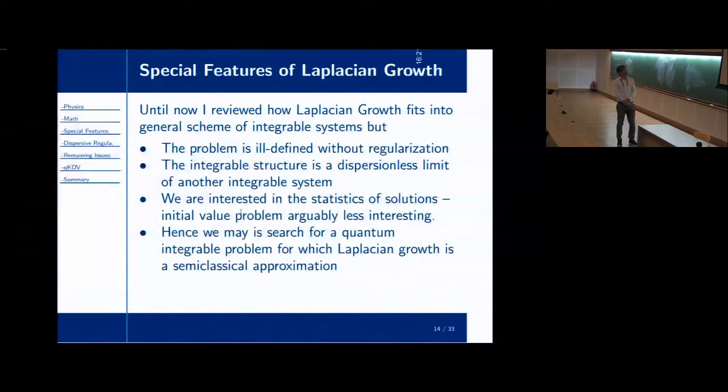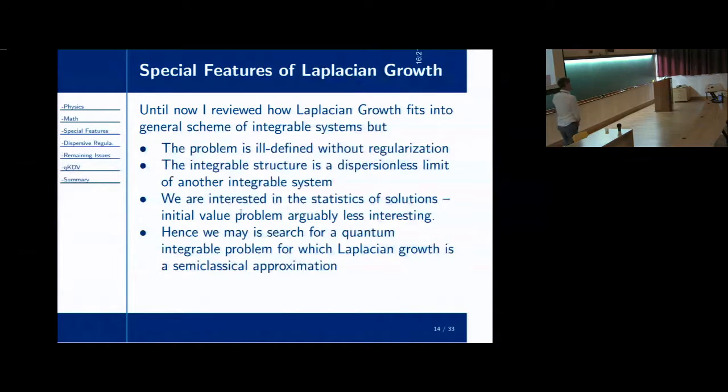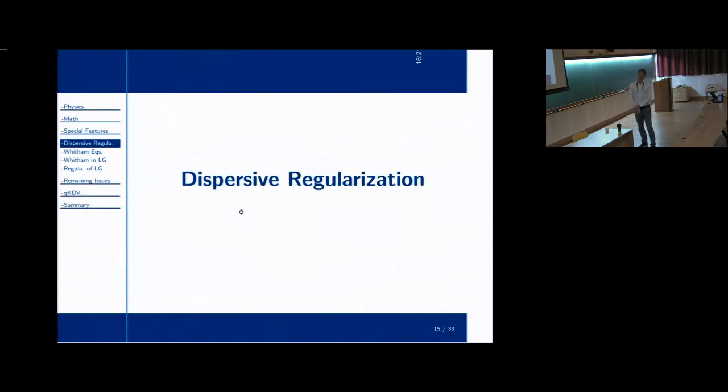In this sense, what I will talk about at the end of the talk is a further quantization of the problem, which may allow us to address statistical mechanics questions, such as the fractal dimension. But this is the more speculative part of the talk, and I will see if I get to talking about that towards the end.